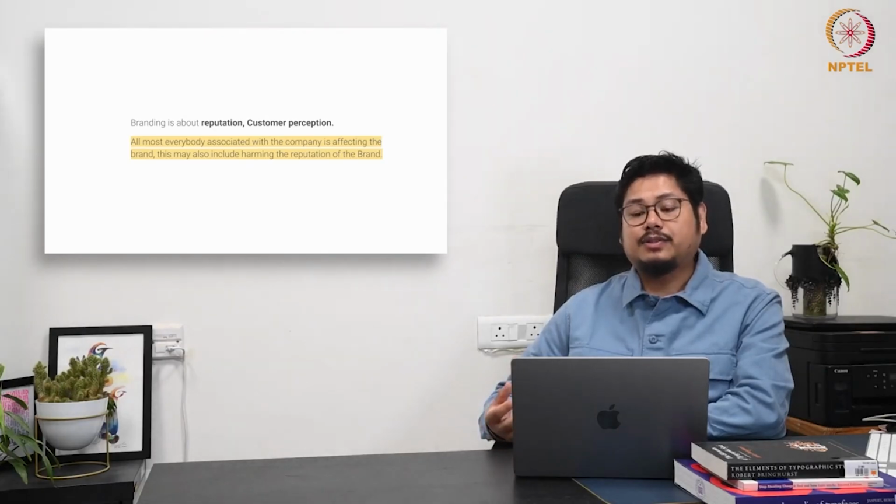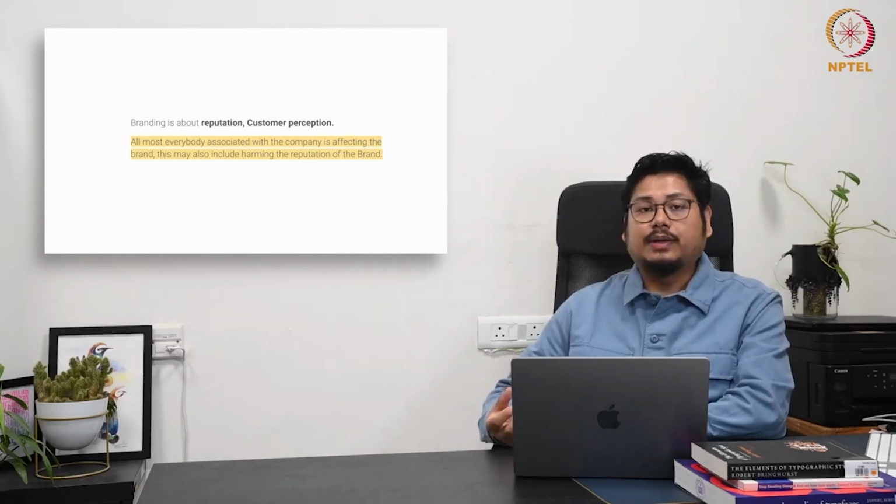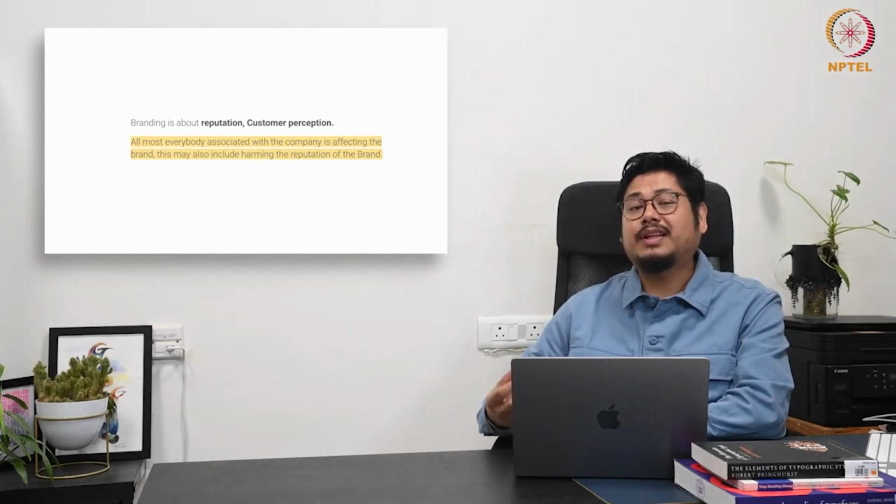Okay, and that's why even a smaller level employee has the essence of the brand. They carry the reputation of the brand. Okay, and if anything bad happens, we will not associate it with the employee. Maybe the employee has ill-treated us, right? But we'll directly project the overall perception towards the brand.